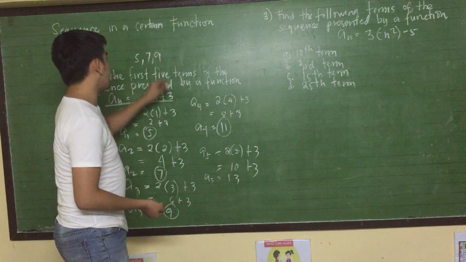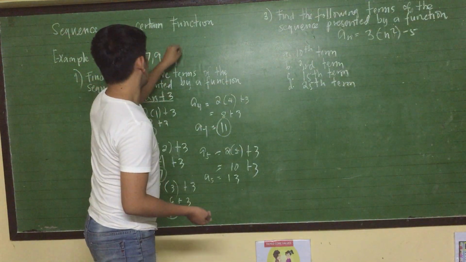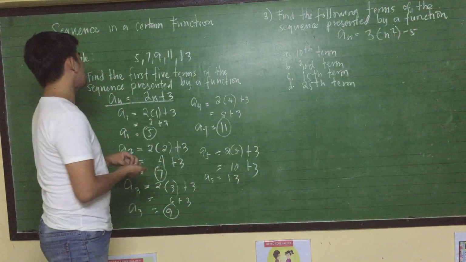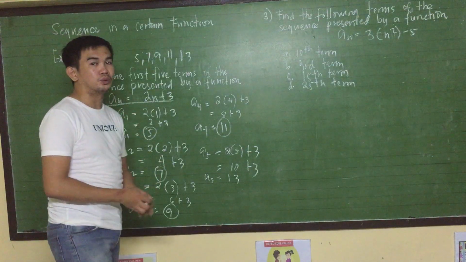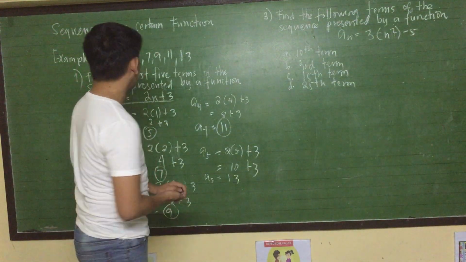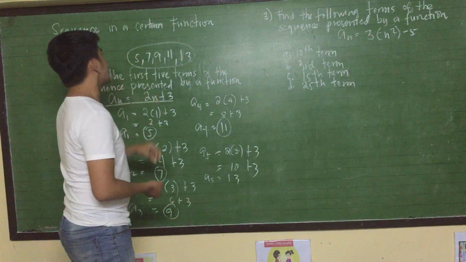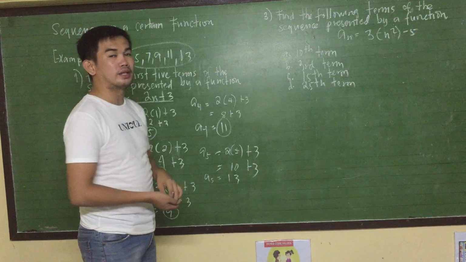Okay, so now we have the first 5 terms using the function a sub n is equal to 2n plus 3. Therefore, we now have an infinite set of terms using this sequence.